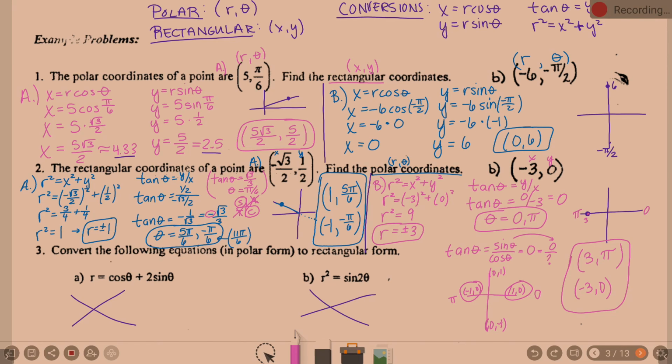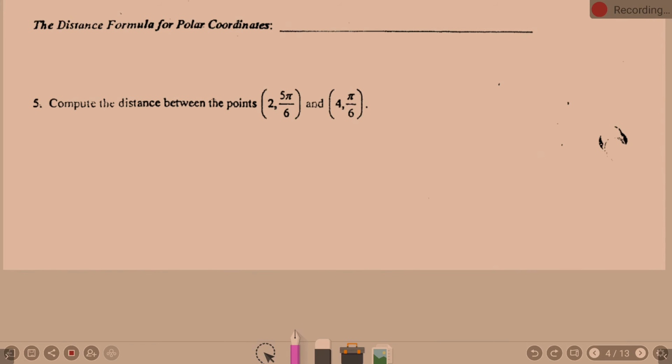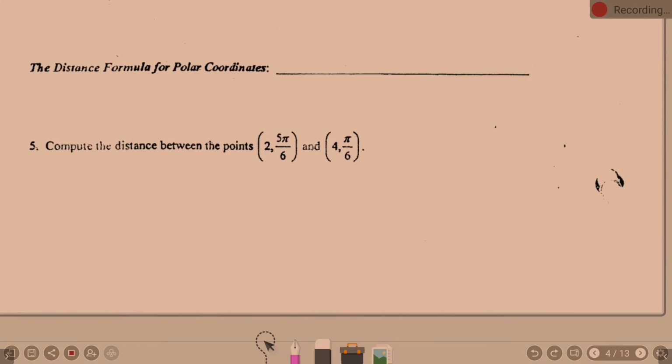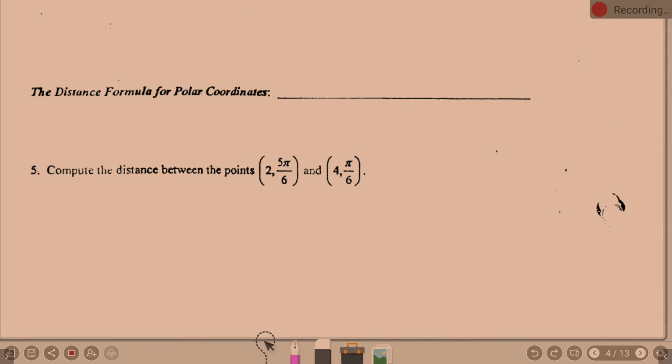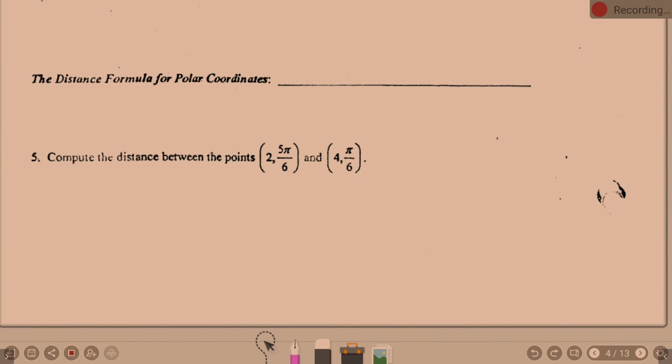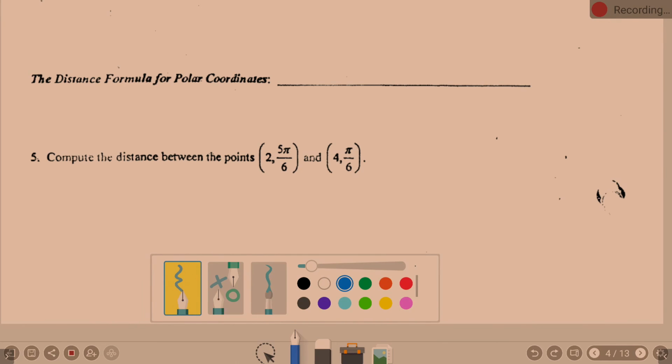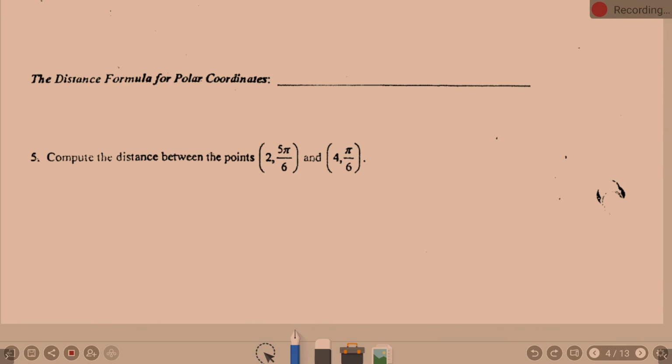Now, let's see, I'm going to pull this screen down a little bit, because in order to do number 5, we have to have the distance formula. Okay. So number 5 asks us to compute the distance between these 2 points. And what are these points in?